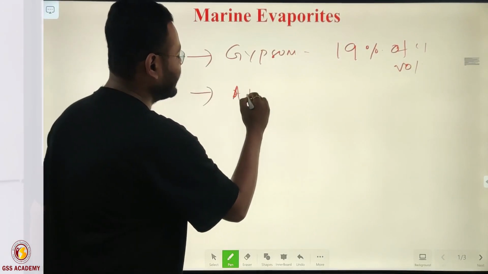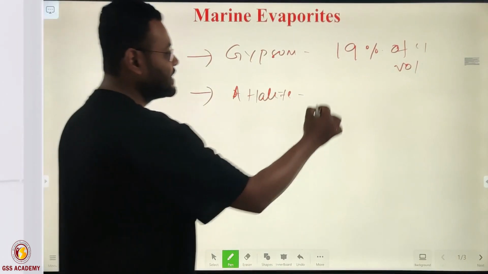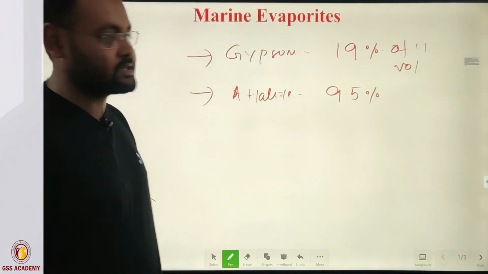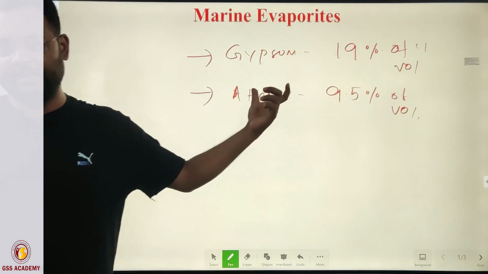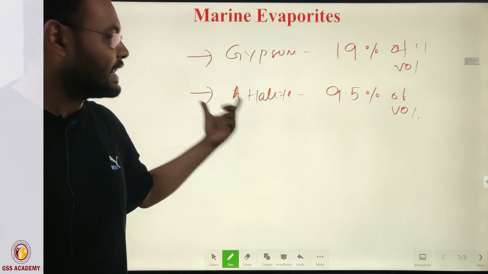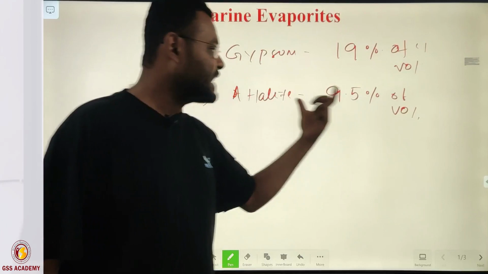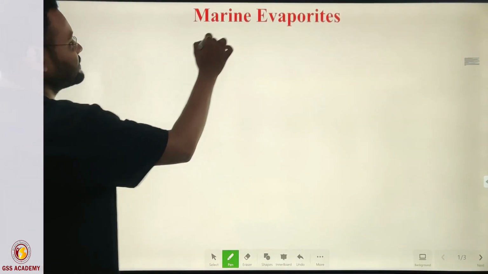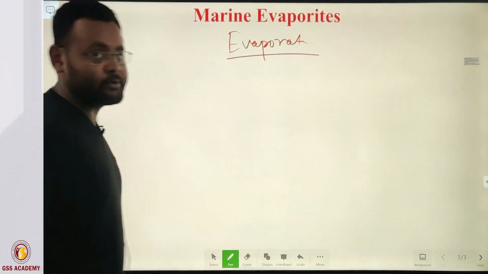Similarly, halite normally precipitates from the seawater when the volume of the seawater is reduced to 9.5% of its original volume. So gypsum precipitates when the seawater is reduced to 19% of its volume, and halite deposits when the seawater is reduced to 9.5% of its volume.